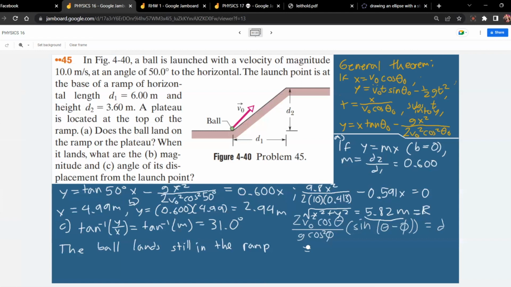So 2 times V naught square, 2 times 10 square, tapos cosine of theta is 31 or 30.96, cosine of 50 minus 30.96, and then G cosine squared of 50. Ang 5.819 nakuha ko, yeah, 13.81.